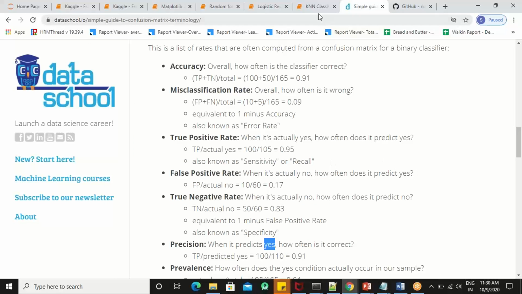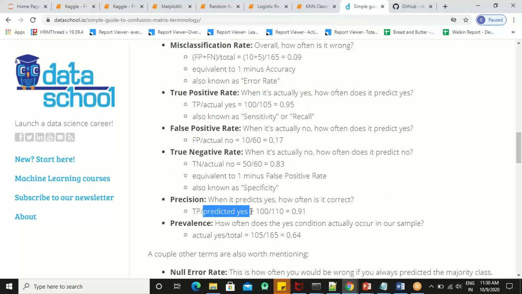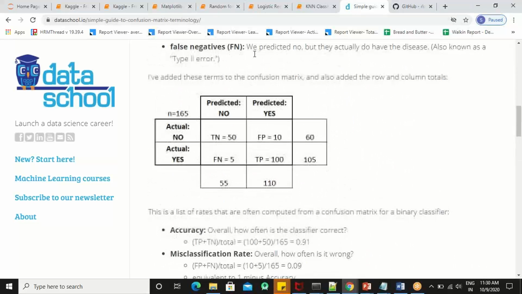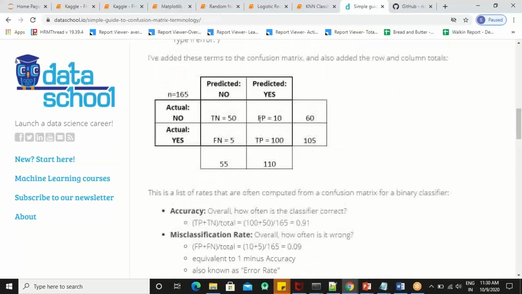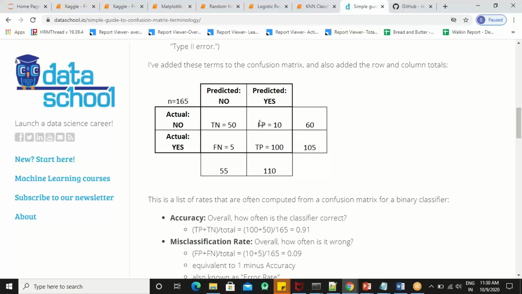Okay, coming back to your question, Anam, one second. So where is it? So let's go back to this. Okay, Anam, what I'm talking about is predicted yes, right?